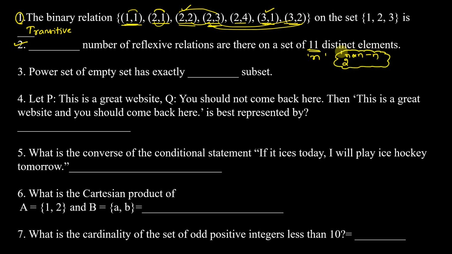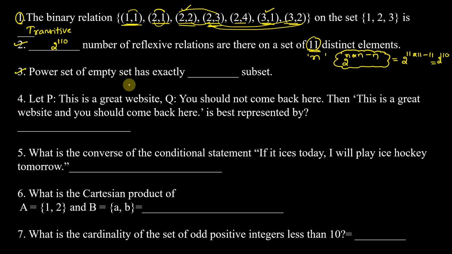Now, what is the value of n here? 11. So the number of reflexive relations is 2 power 11 into 11 minus 11. 11 into 11 is 121, minus 11, which equals 110. So the number of reflexive relations possible with 11 distinct elements is 2 power 110.